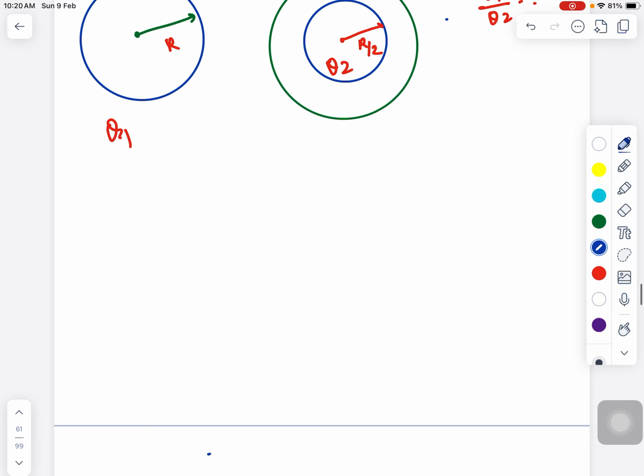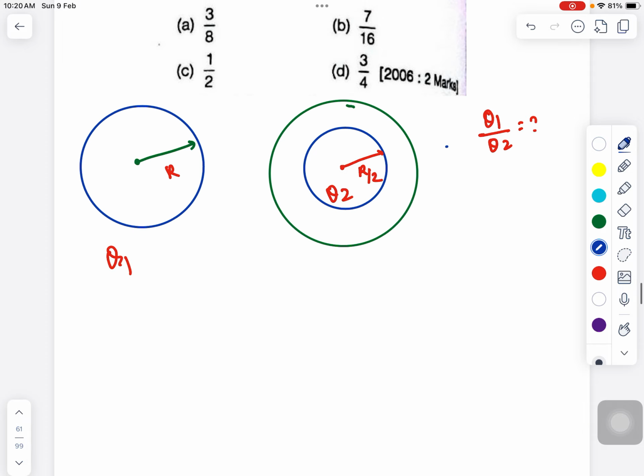In order to solve this particular problem, let's go to a cross-sectional area element here. We'll calculate the differential volumetric flow rate first.